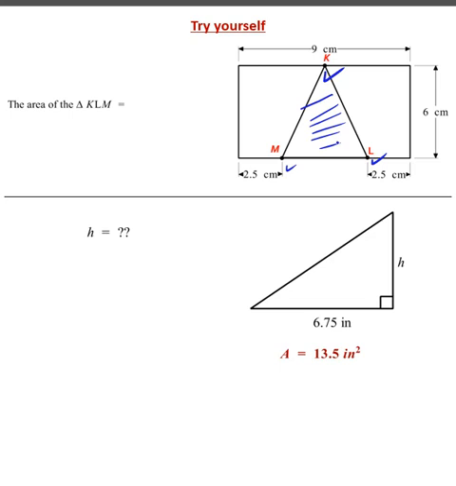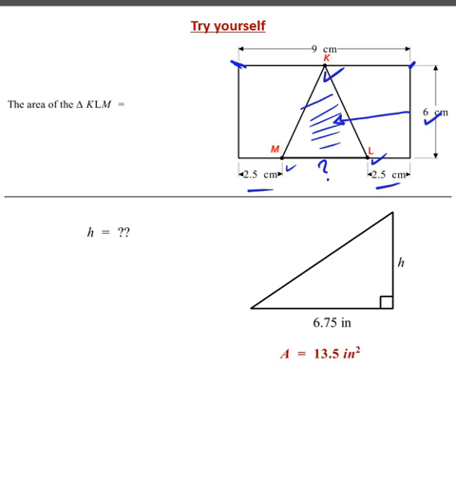We need first the base. We don't know the base. We know the height, which is 6. If we move this line inside the triangle, we get the same length, which is 6 centimeters. So what is the length LM? You know from the givens that the whole side length is 9 centimeters, and this part is 2.5, this part 2.5.